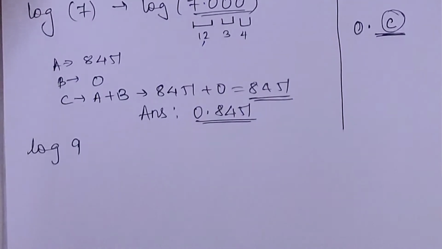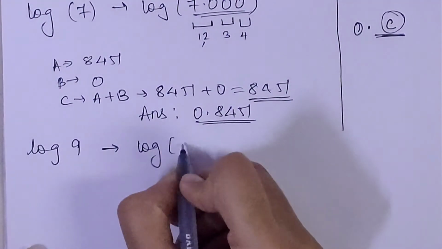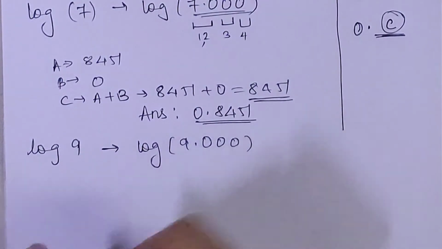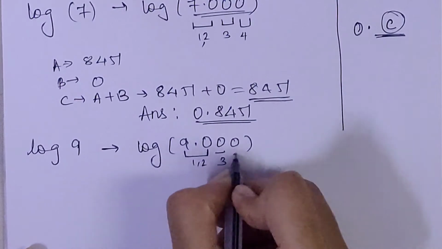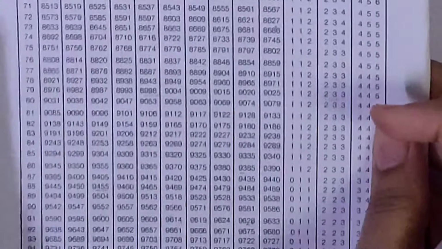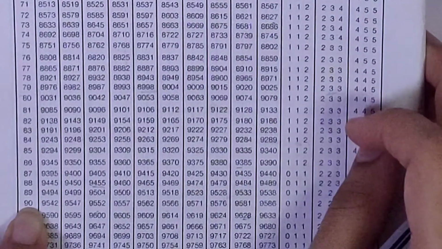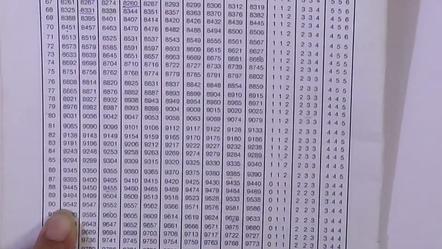Now to solve the log of 9, what will I do? First step, convert this log 9 into 9.000. Now this is my first and second digit, this is my third digit, and this is my fourth digit. What will I do? I'll search for 90. So 90 is 9542.